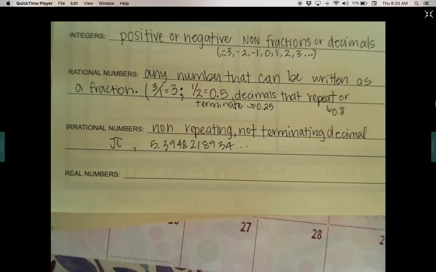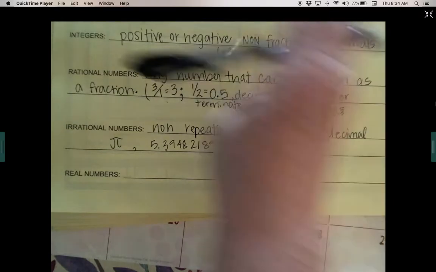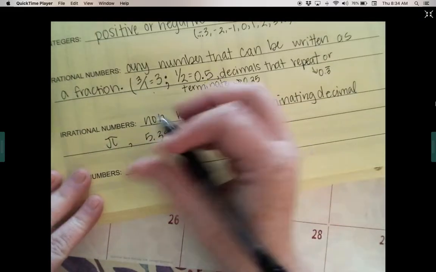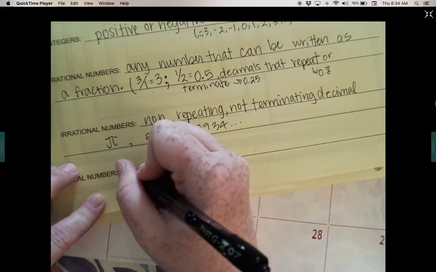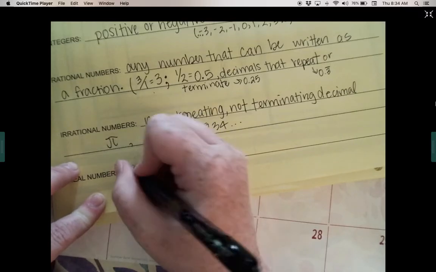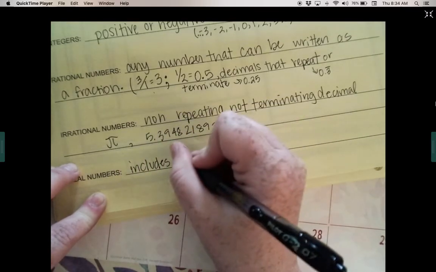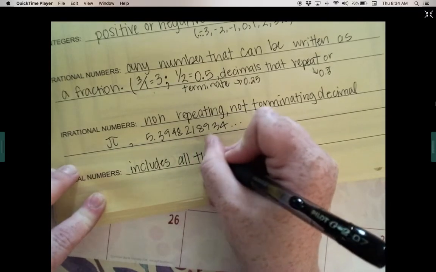Real numbers are basically just all of this stuff, okay? It's all of the natural numbers, whole numbers, integers, rational numbers, and irrational numbers. It includes all of the above.